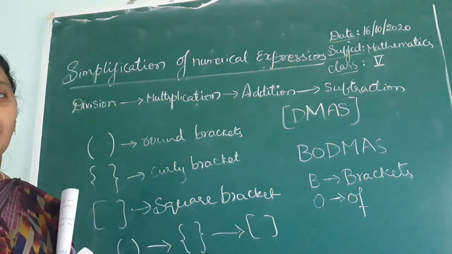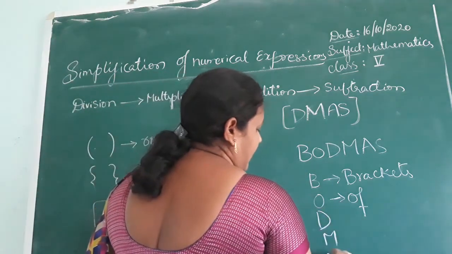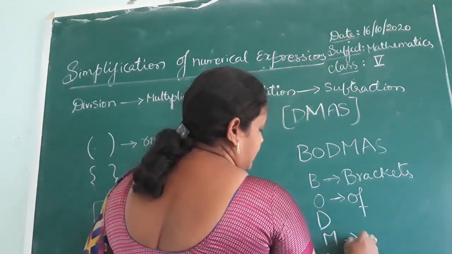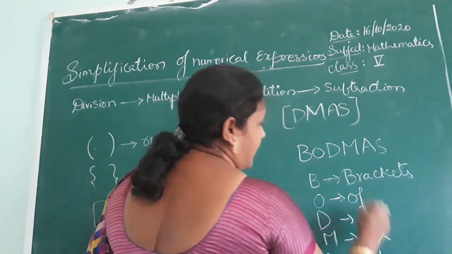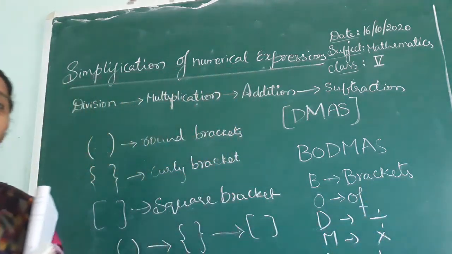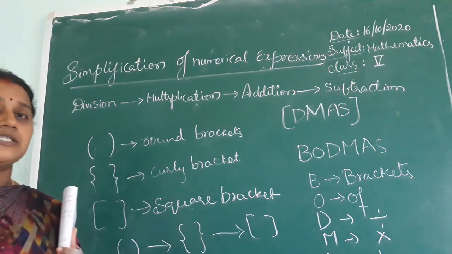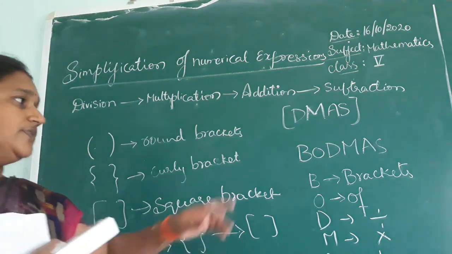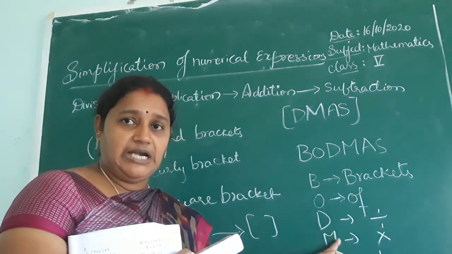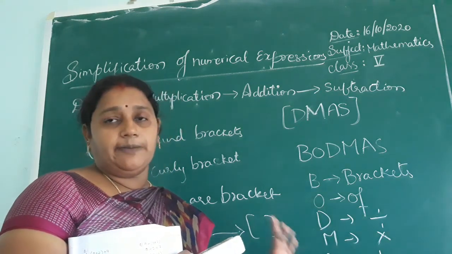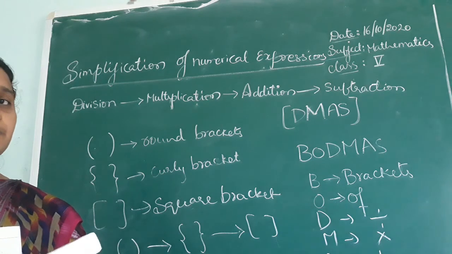Then DMAS, the four operations: division, multiplication, addition and subtraction. In this particular order we can solve all types of sums.